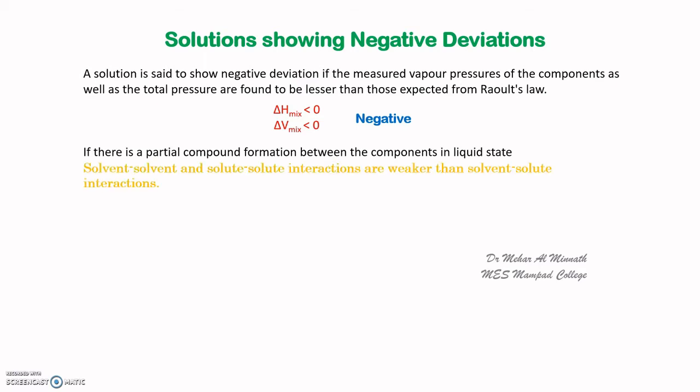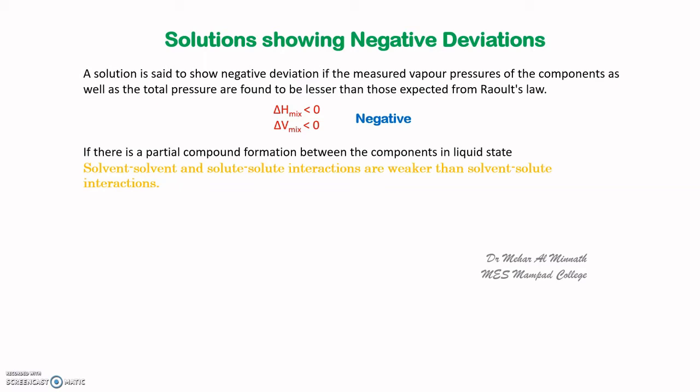Here, the solvent-solvent interaction and solute-solute interaction will be less than the solute-solvent interaction. That's why they form a compound. That means the AA interaction or the BB interaction will be weaker than the AB interaction. The interaction between A and B will be strong. So what happens when you mix A and B? A will hold B towards itself and B will hold A towards itself.